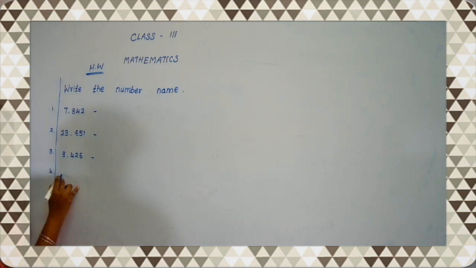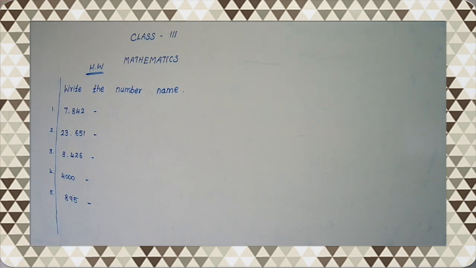Then 4,000. 895. Write the number name. First one is 7,842.